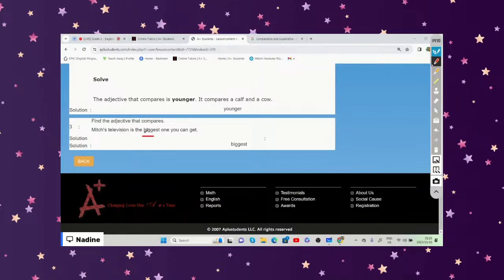But if we are comparing more than two, then it ends in est, like the word that I just underlined. Mitch's television is the biggest one you can get, or the biggest in the school.